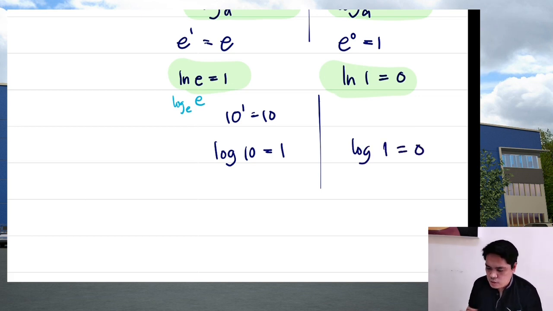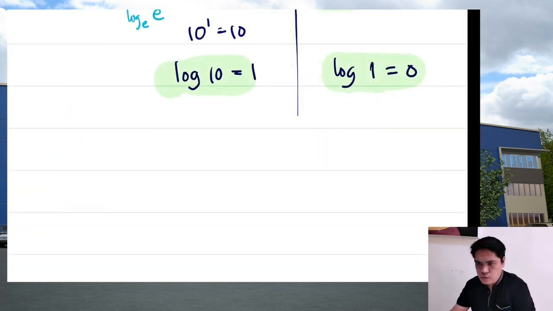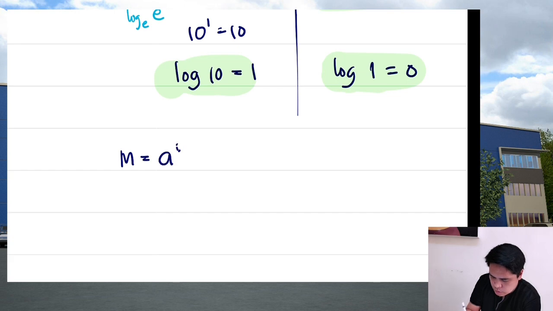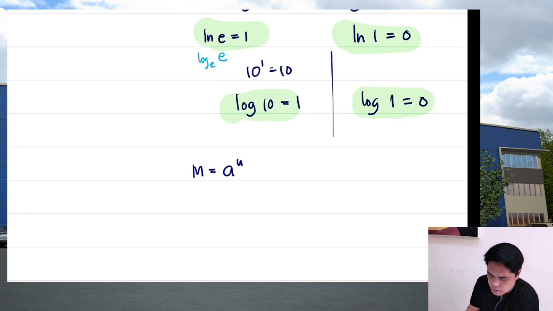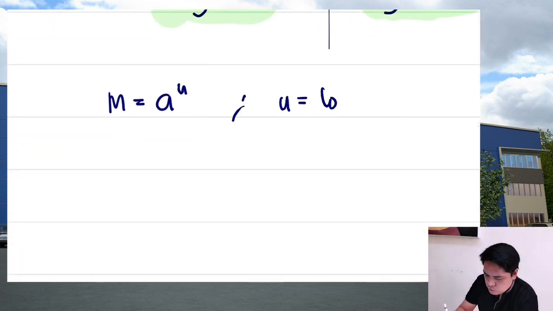Ganon siya. Ganon kadali. So, you need, again, to be familiar with these properties. Okay, let's take a look at this again. Diba meron tayong m is equal to a raised to u? We established that kanina. And we also established that u is equal to the logarithm of m to the base a.